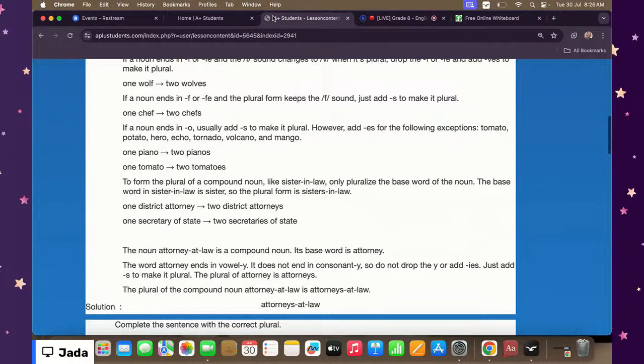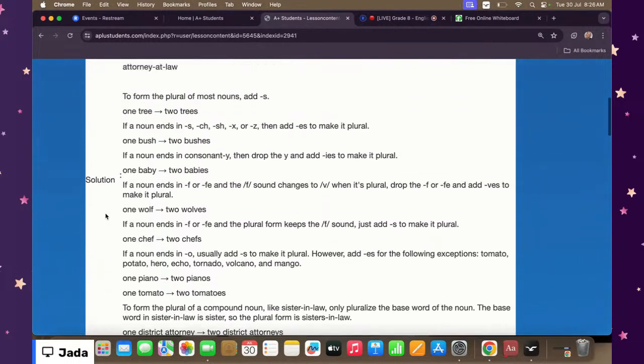To form the plural of a compound word like sister-in-law, only pluralize the base word of the noun. The base word in sister-in-law is sister, so the plural is sisters-in-law. One attorney general, two attorneys general. One secretary of state, and two secretaries of state.